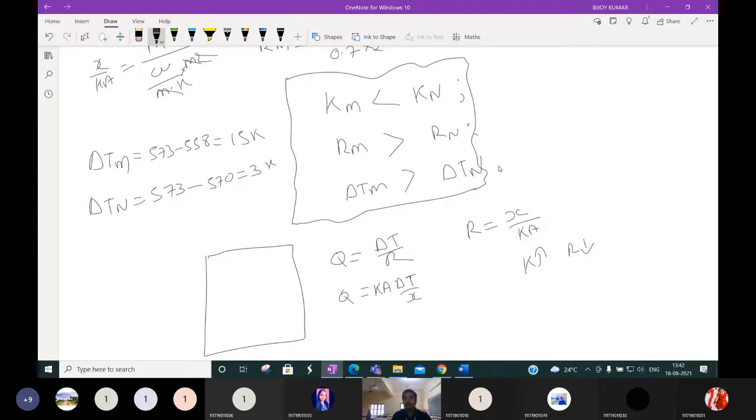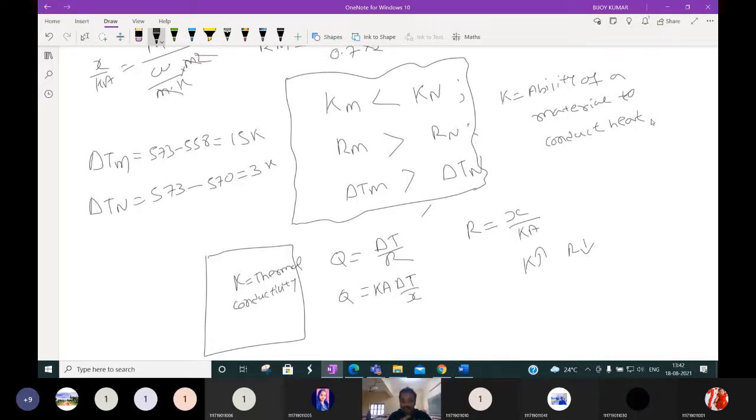Another way we can say, K is thermal conductivity. It measures the ability of a material to conduct heat. It means in a material, if the thermal conductivity is higher, it will transfer heat more easily.